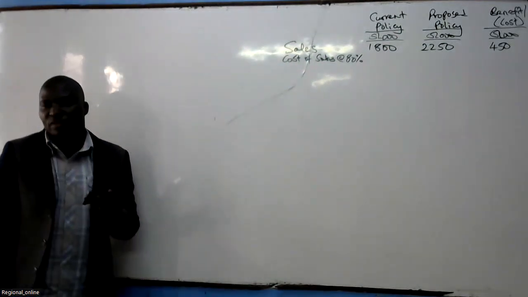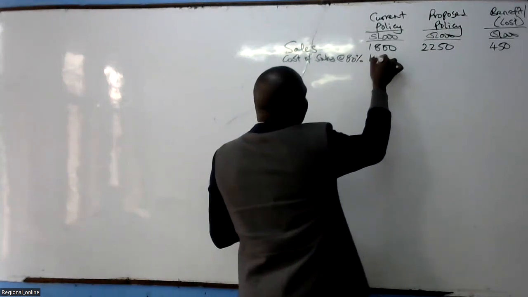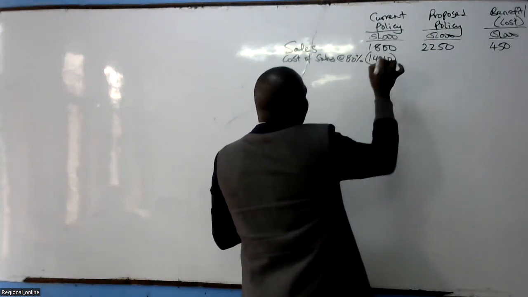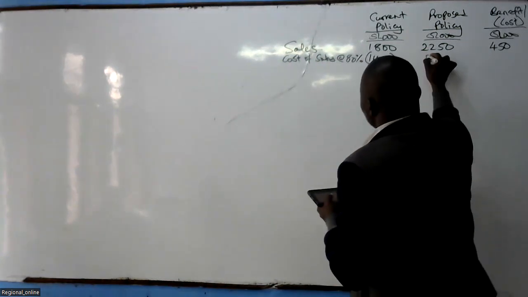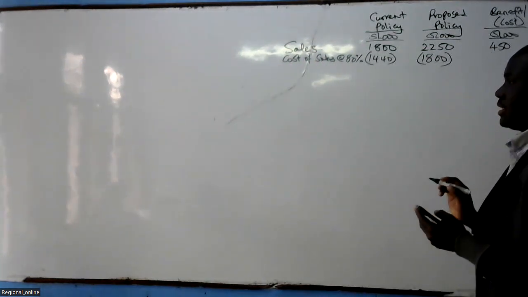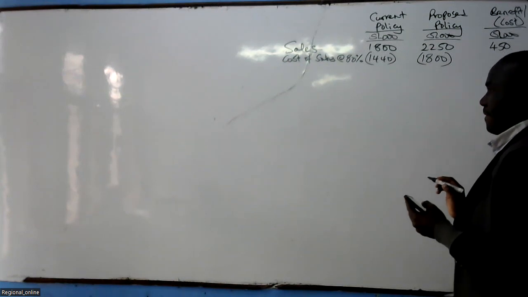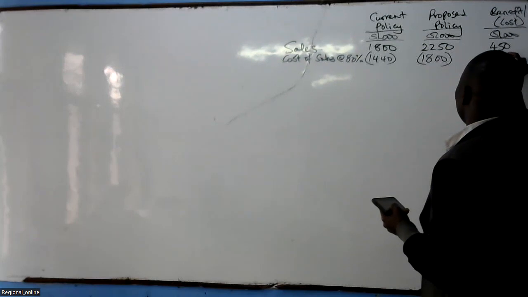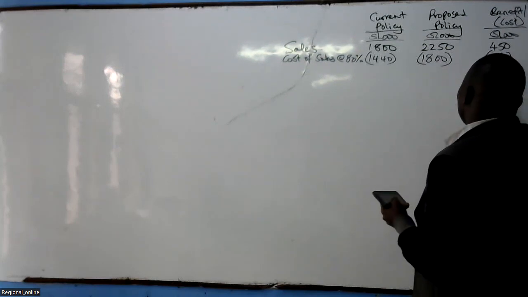So 80% of 1800 is 1440. 80% of 2250 is 1800. The cost of sales increases by how much? 360. It's a cost going up still. It's a cost going up.